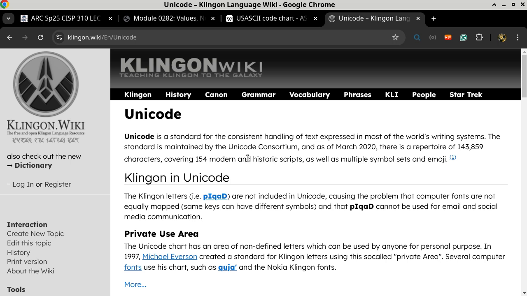Interesting. But Klingon is also in the Unicode realm. Most emojis are too. Smiley face, sad face, they are all a part of Unicode. Yep.